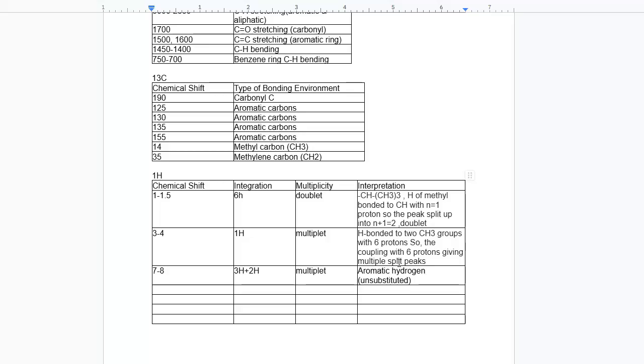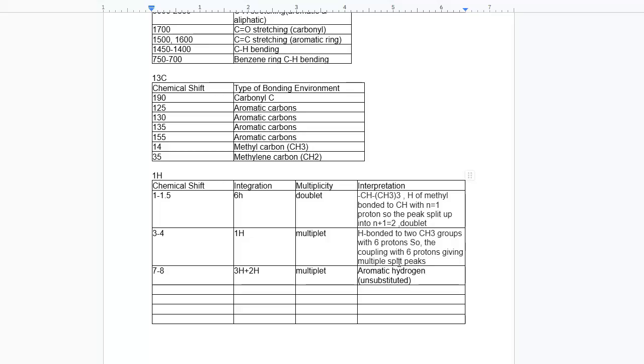There's a peak at 190 ppm, showing a carbonyl carbon consistent with a ketone. There's peaks at 125, 130, 135, and 155 ppm, which are characteristic of aromatic carbons. The one at 155 ppm is slightly deshielded. This might be due to its position next to the electron withdrawing group.